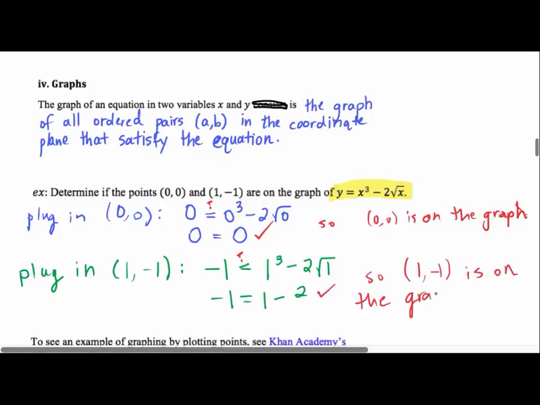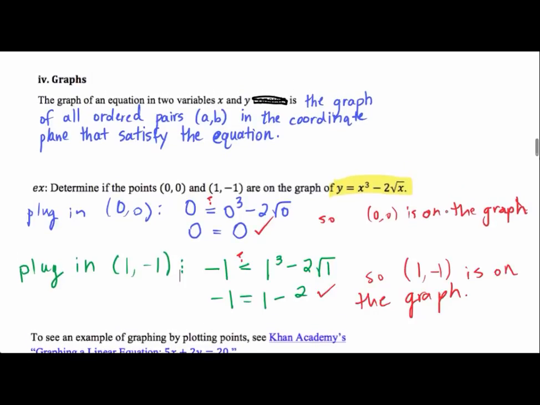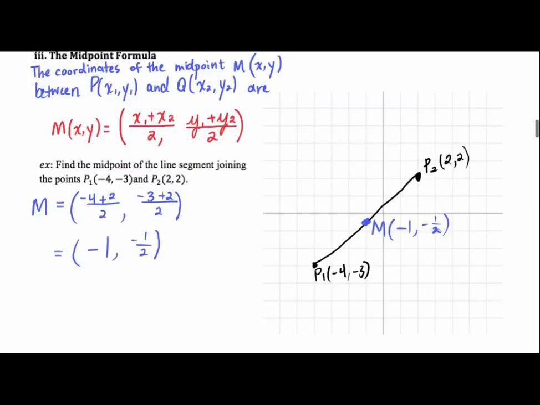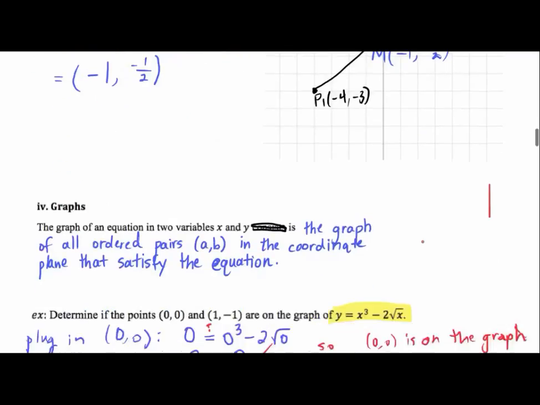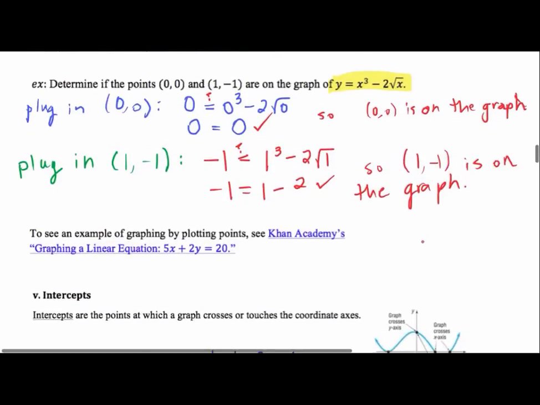Do you have any questions about how to tell if a point is on a graph? Okay. I'm not going to plot points and graph that way.